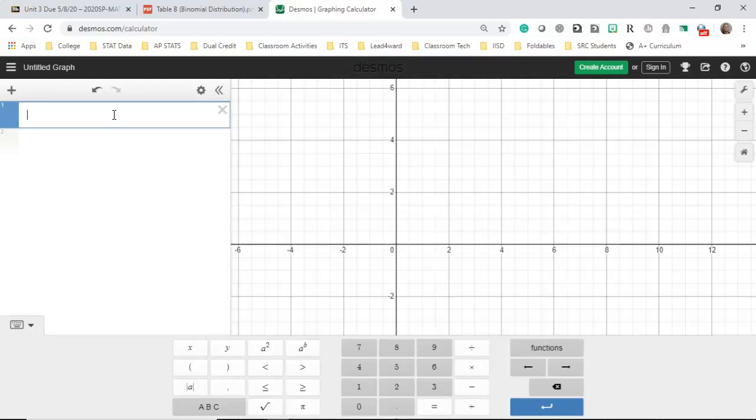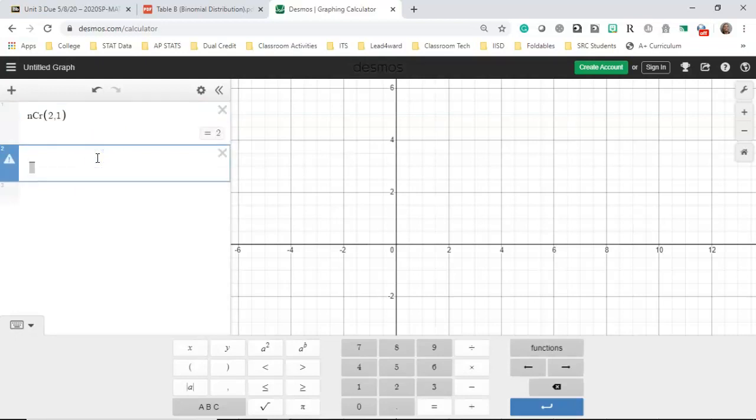In Desmos, you can type in nCr. So you type in lowercase n, capital C, lowercase r, parentheses, and then we have 2, 1, and that will do the same evaluation that we did by hand, which would have been 2 factorial over 2 minus 1 factorial times 1 factorial.